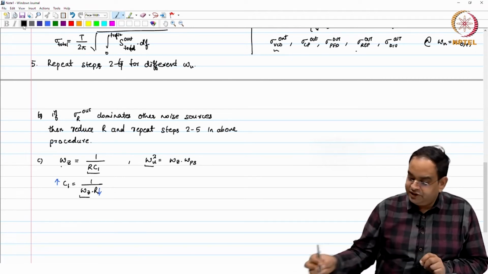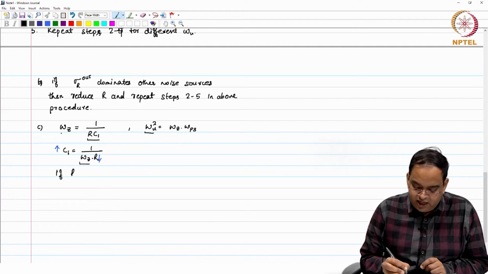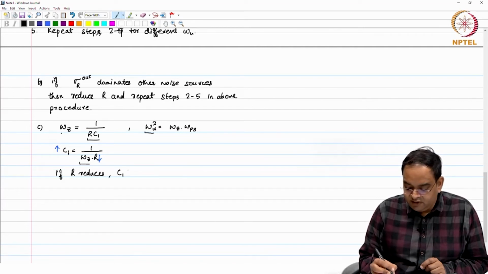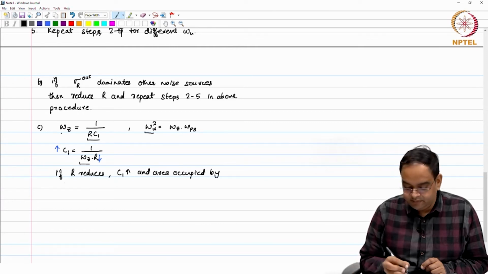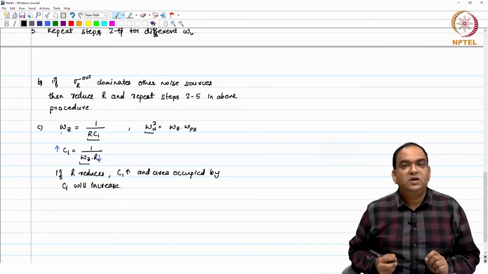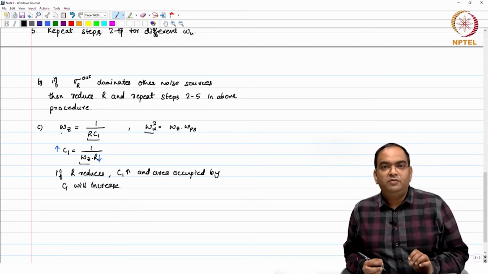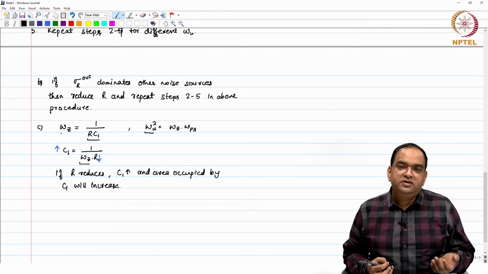If R reduces, C1 will increase and the area occupied by C1 will increase, which is a problem. Problem in the sense of how much area you are going to occupy on chip.